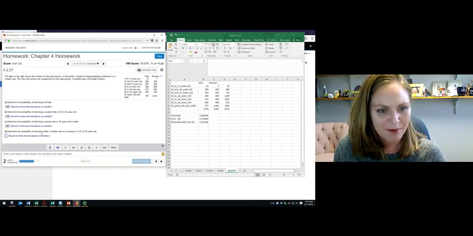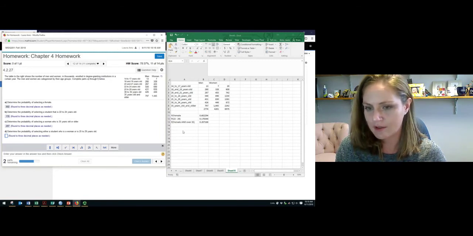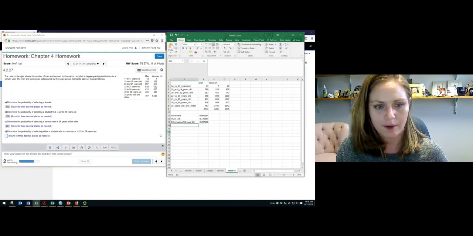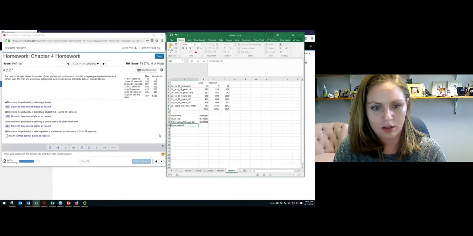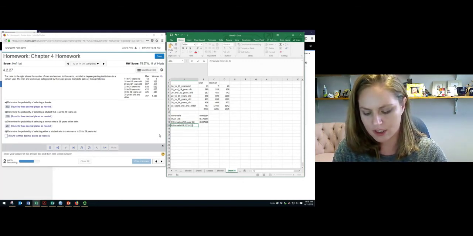Determine the probability of selecting either a student who's a woman or is 25 to 29 years old. So the probability of being female or 25 to 29.